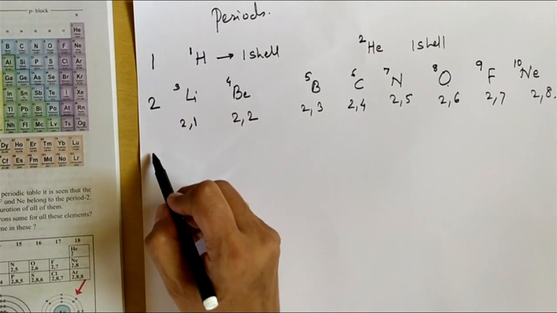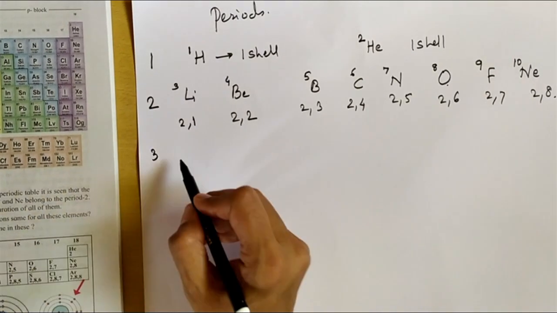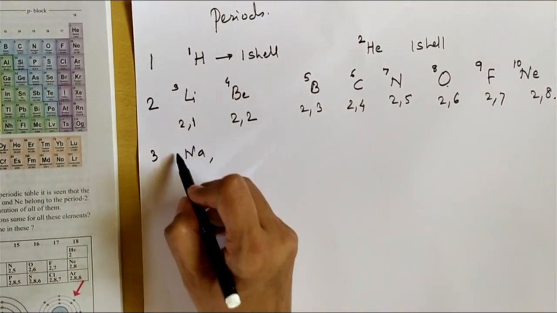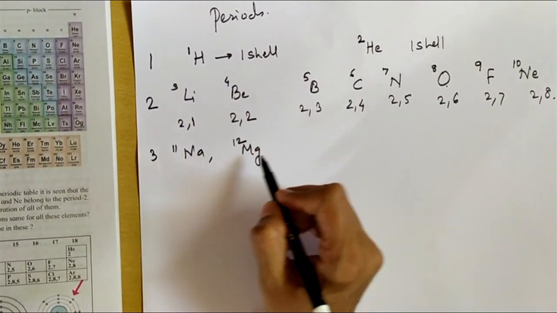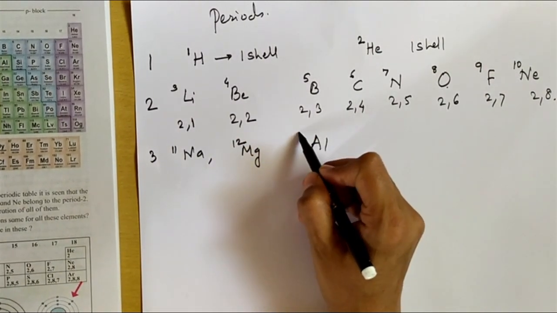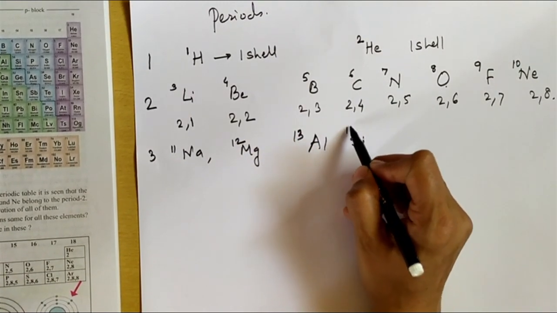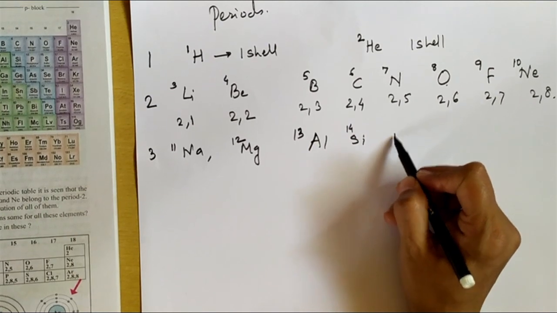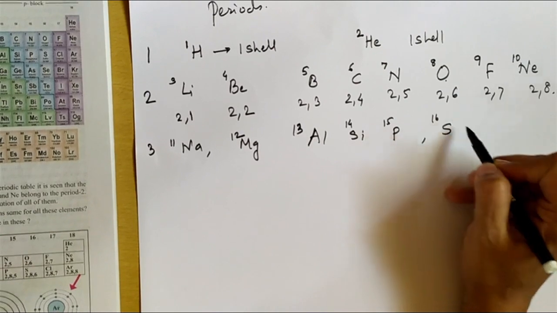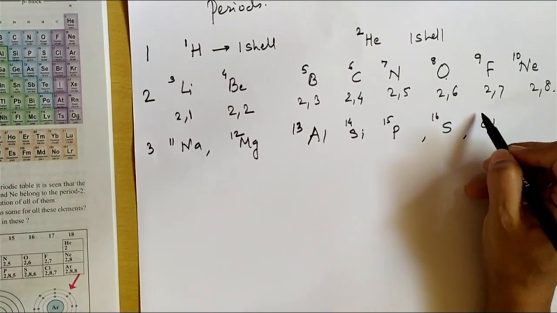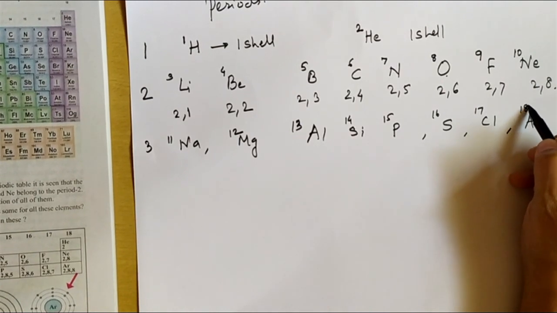In the same way, the third period starts with sodium, atomic number 11, magnesium, atomic number 12, then aluminium, atomic number 13, then silicon, atomic number 14, phosphorus, atomic number 15, sulfur, atomic number 16, chlorine, atomic number 17, and argon, atomic number 18.